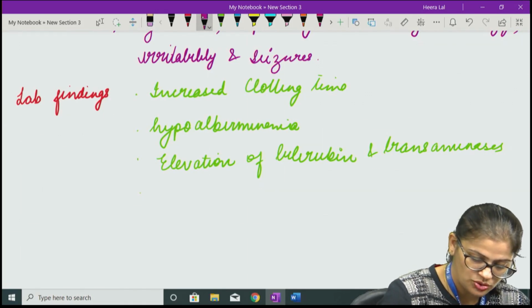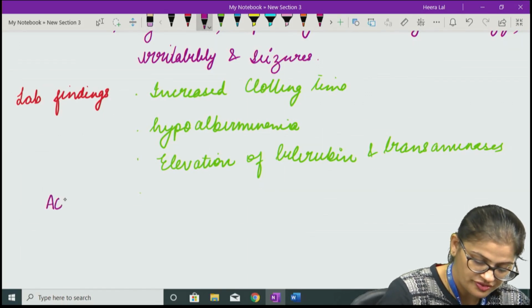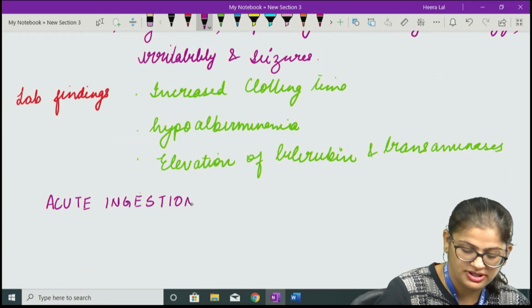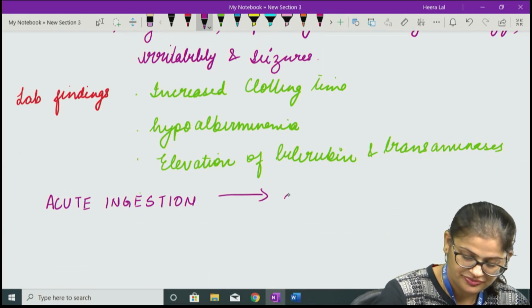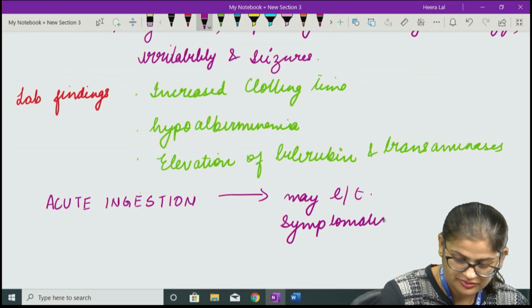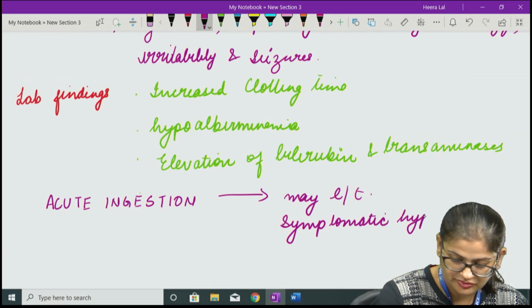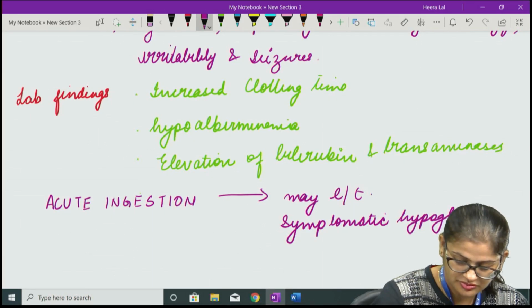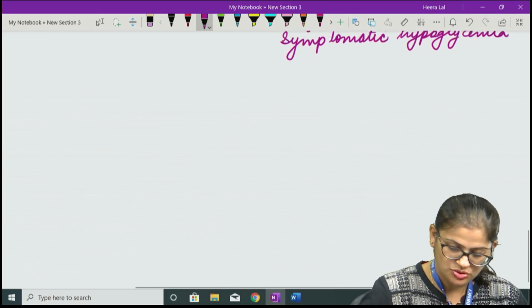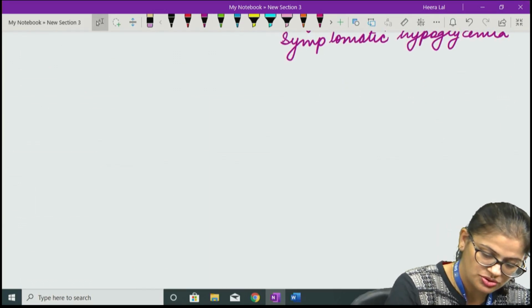If there is an acute ingestion of large amounts of fructose or sucrose, it may result in symptomatic hypoglycemia. So this was about question number 103.